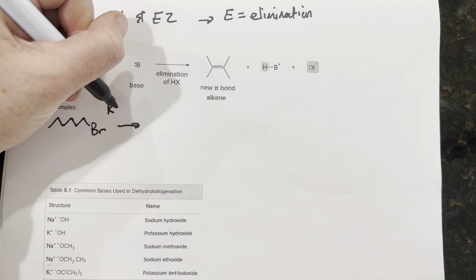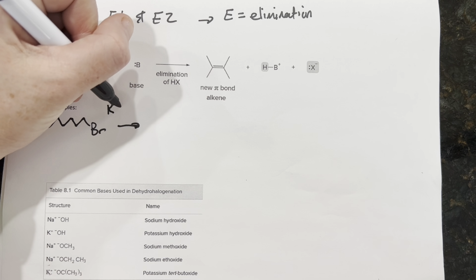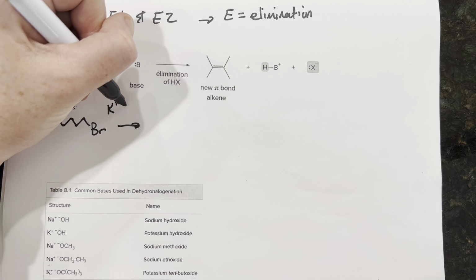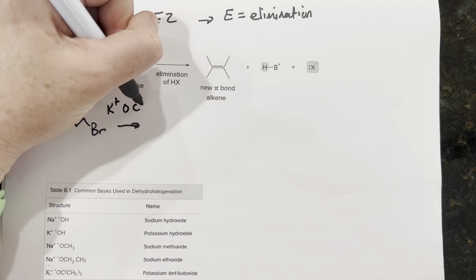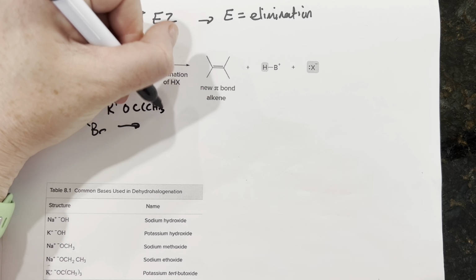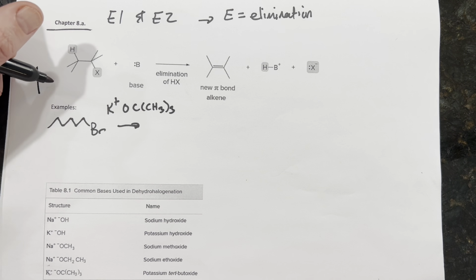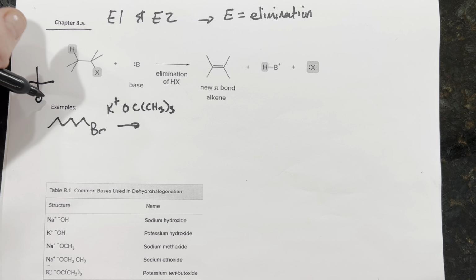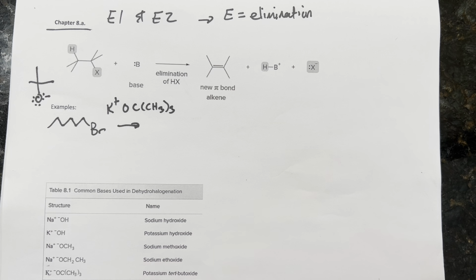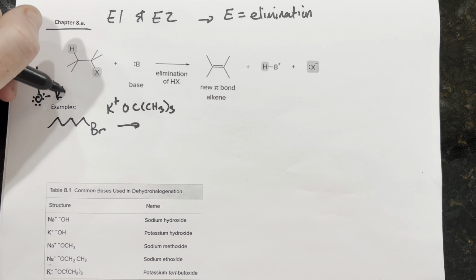So like K plus, and then the base would be like OCCH3. So you've got this almost T-butyl looking thing, like that, okay? And it's got a K plus just kind of chilling.